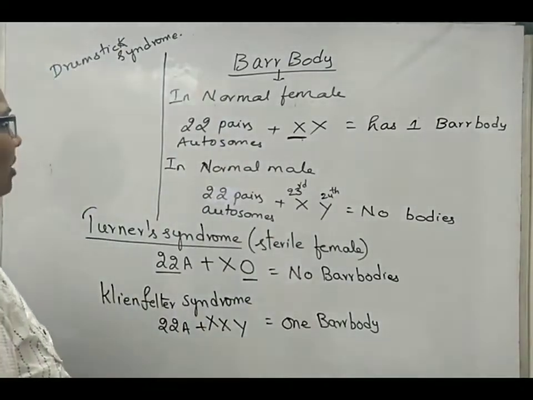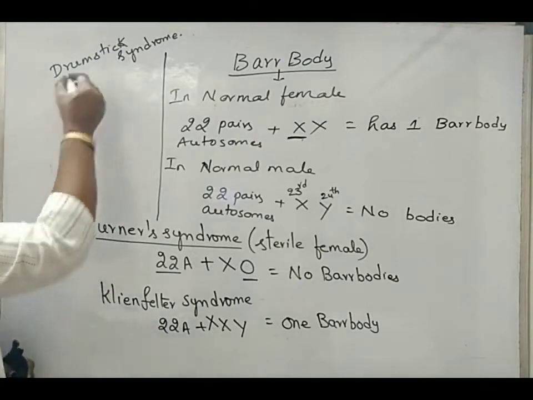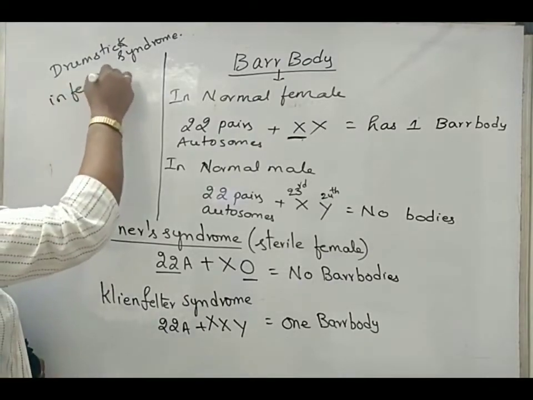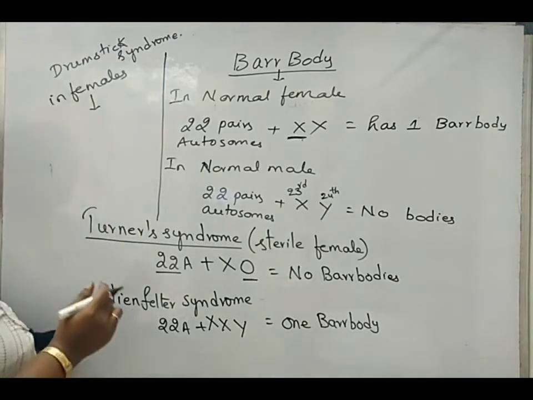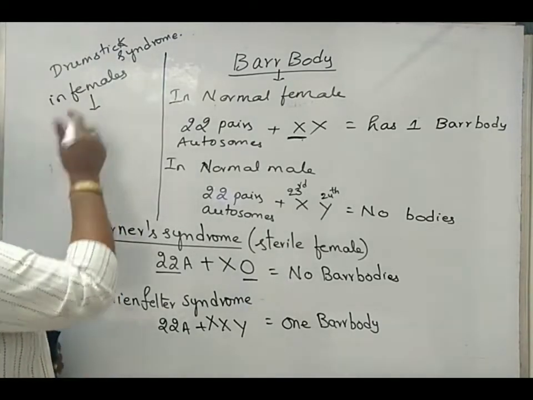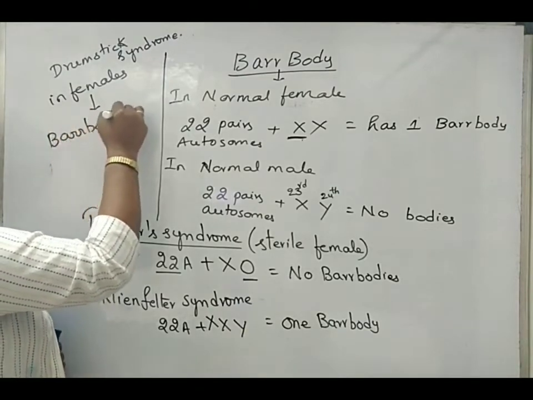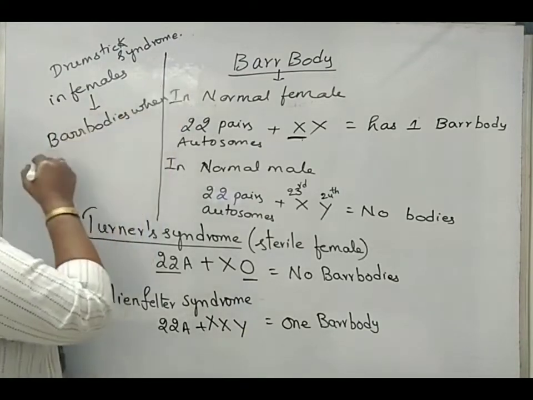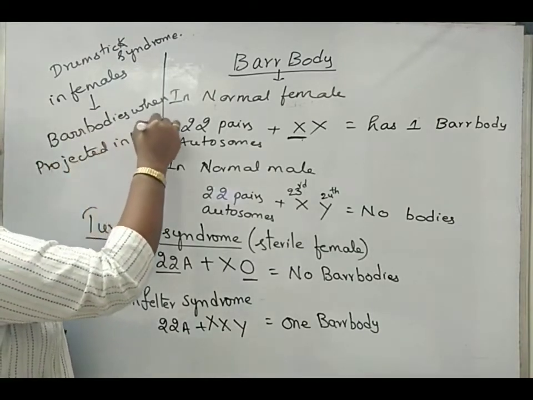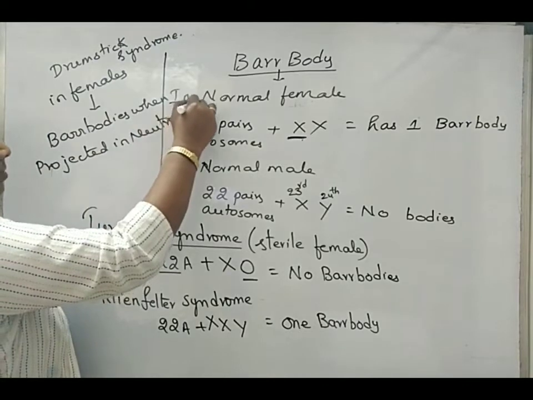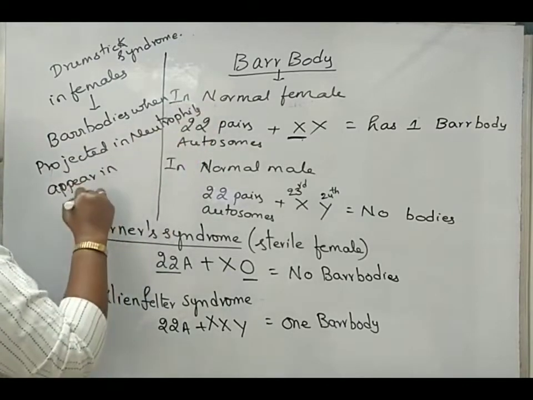So we call that type of syndrome drumstick syndrome. In females with drumstick syndrome also, we can see Barr bodies, projected in neutrophils, appearing in drumstick shape.